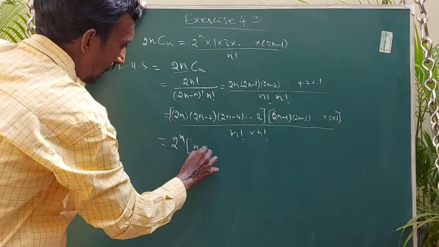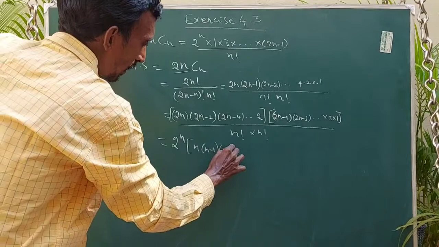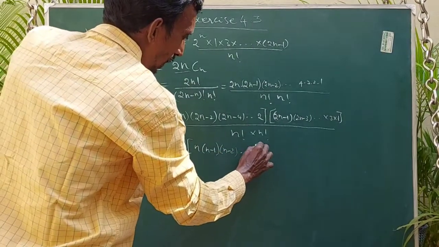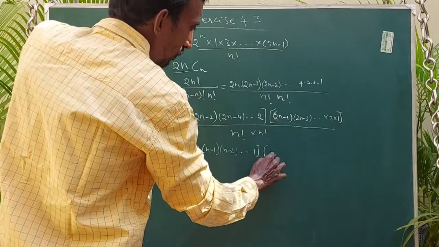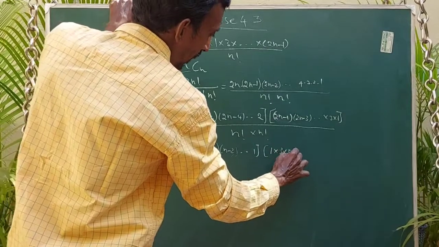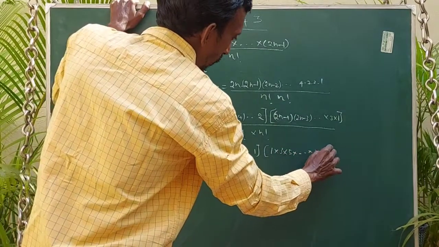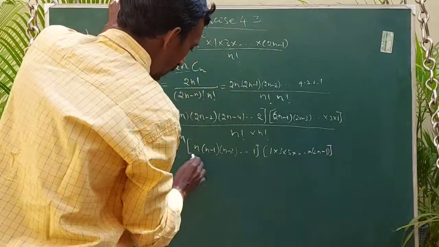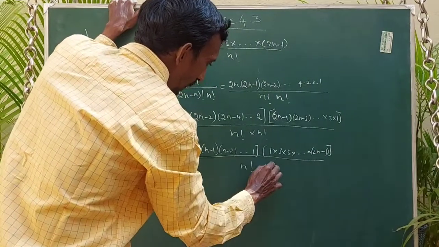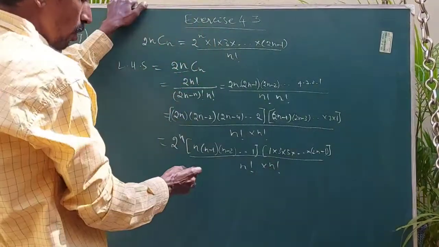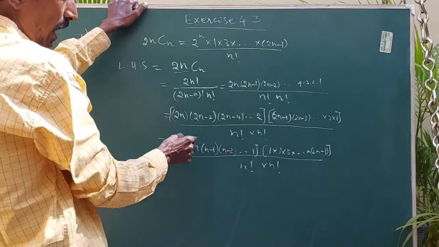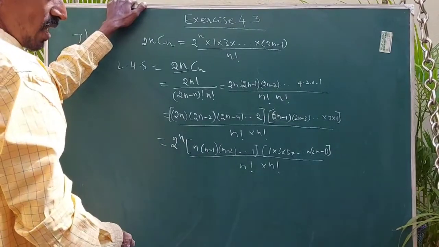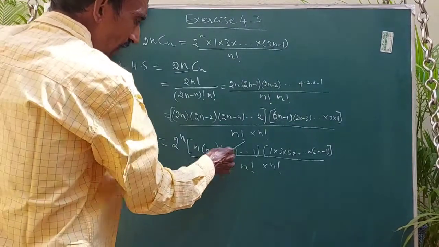The remaining is n into n minus 1 into n minus 2, etc., 1. And 1 into 3 into 5 into etc., 2n minus 1, by n factorial into n factorial. 1 into 2 into 3 into up to n, the product of first n natural numbers, is n factorial.